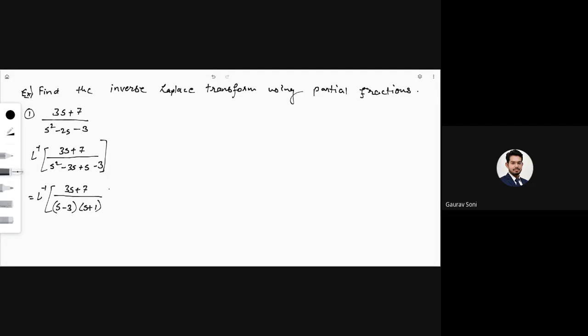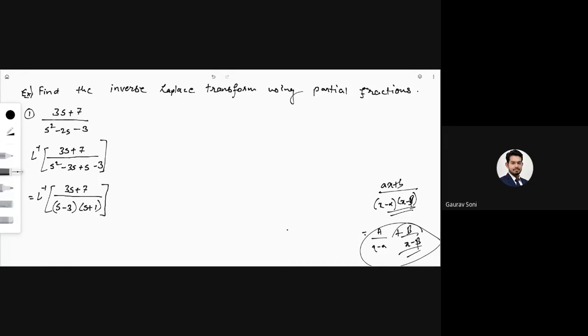Please check the calculations. If you look at the form, it is (ax + b) upon (x minus alpha)(x minus beta). From the previous slide, we have seen that this can be written as A upon (x minus alpha) plus B upon (x minus beta). This is the form by partial fraction.